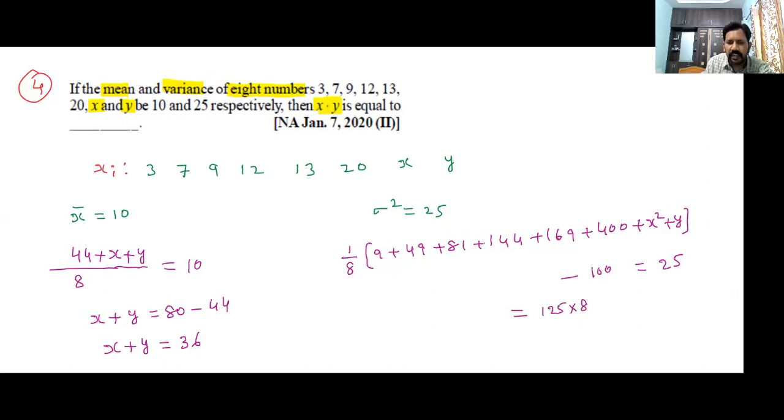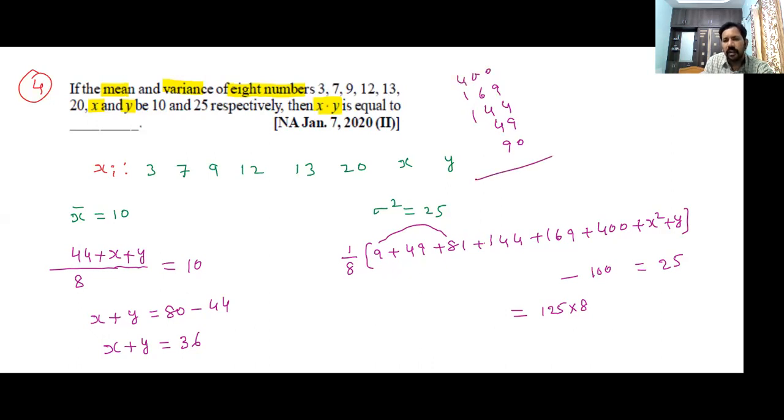Then what about the left hand side? We need to calculate: 9, 81, 90, so 49, 144, 169. Next, finally 400.